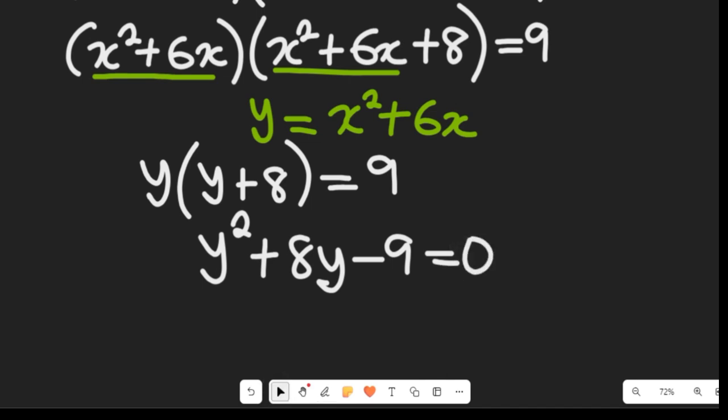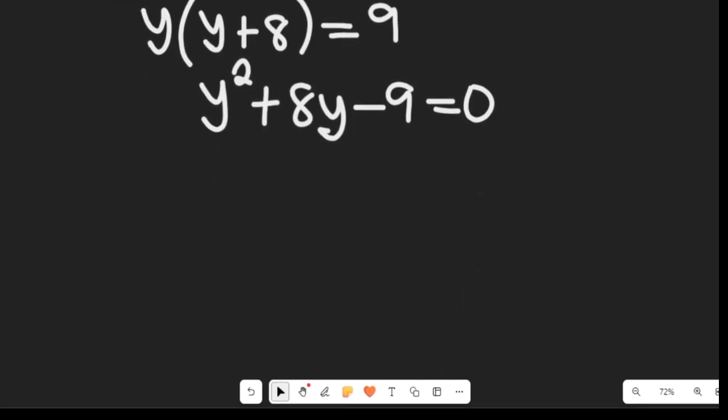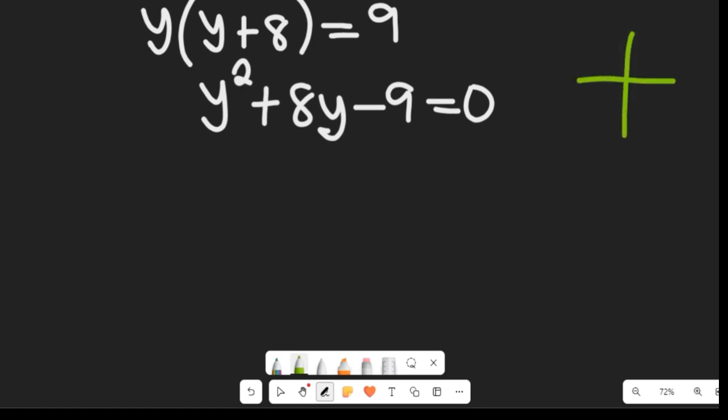Now you see that we've simplified that such that we have a quadratic expression. From this quadratic expression, we can simplify using factorization. We're going to find two values such that when we multiply both of them, we get 9, and when we add both of them, we get plus 8.